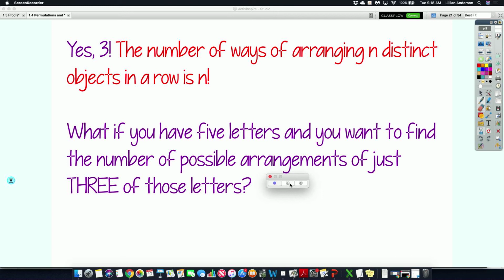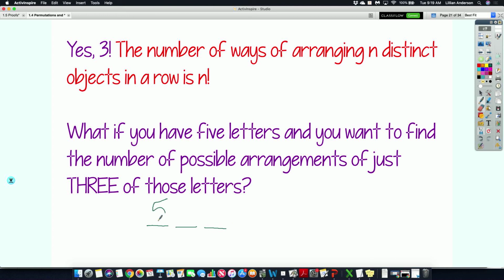Okay? Think about it. I have 5 letters that I need to arrange, only 3 of them. So that's 3 places where I need to arrange 5 letters. Now the way that I would think of it, I technically only have 3 spots, but I got 5 letters to choose from, right?